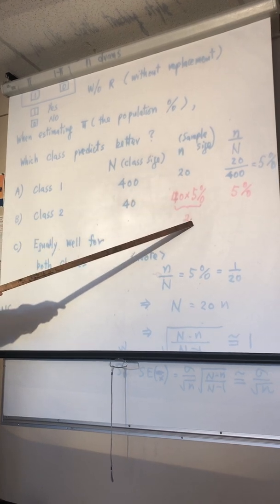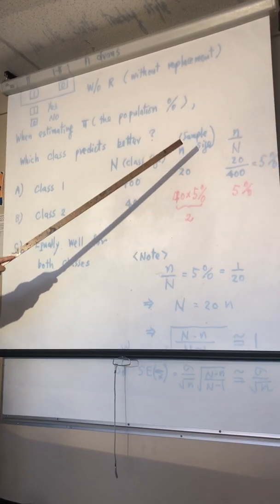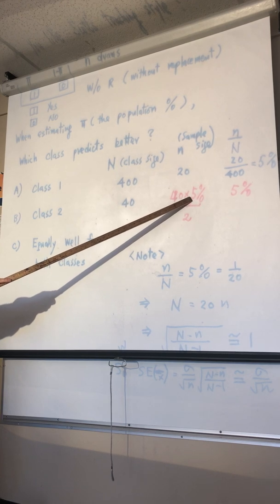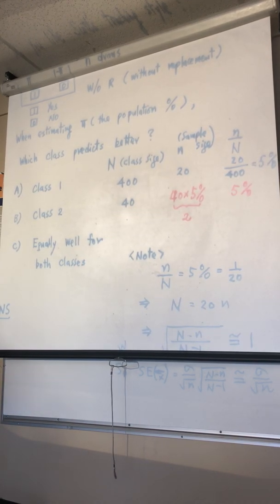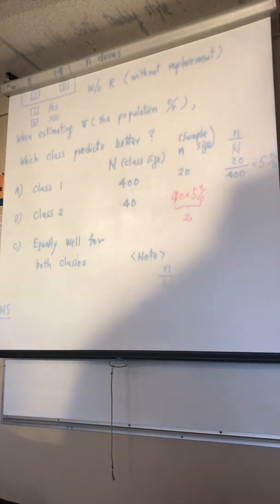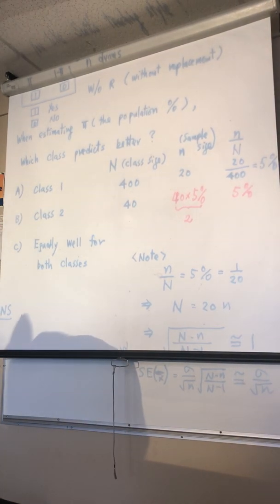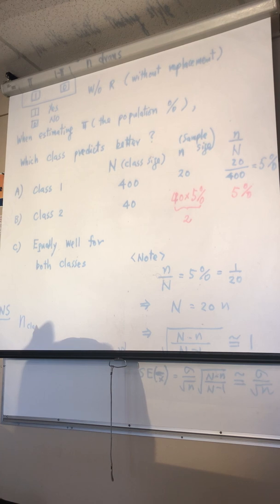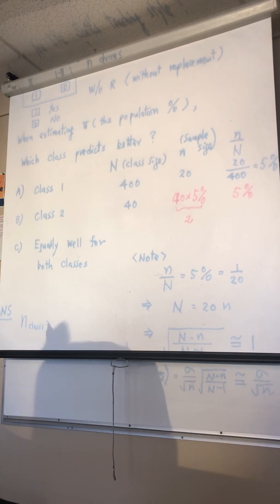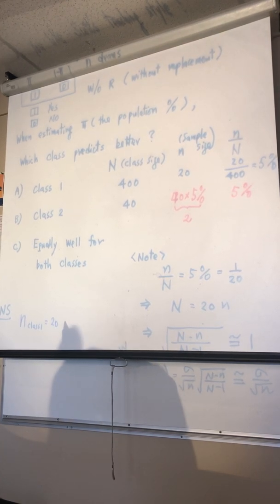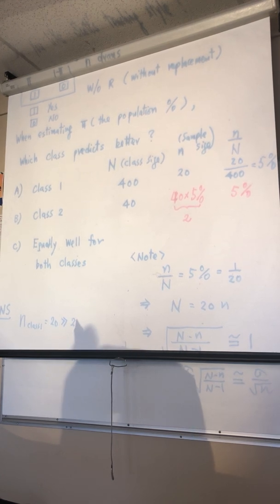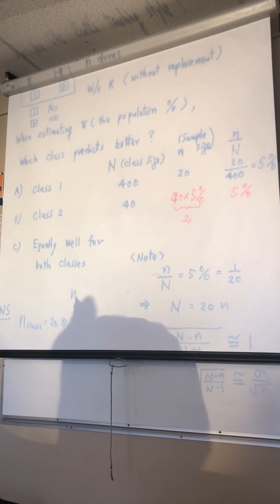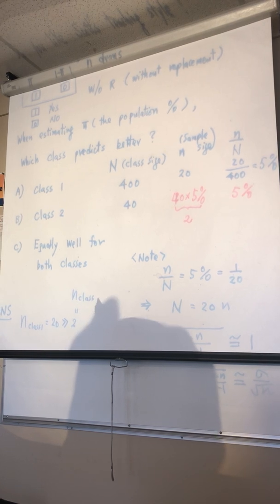So which one predicts better, class 1 or class 2? Class 1, okay? Because the sample size of class 1 is 20, which is much, much bigger than 2, the sample size of class 2.